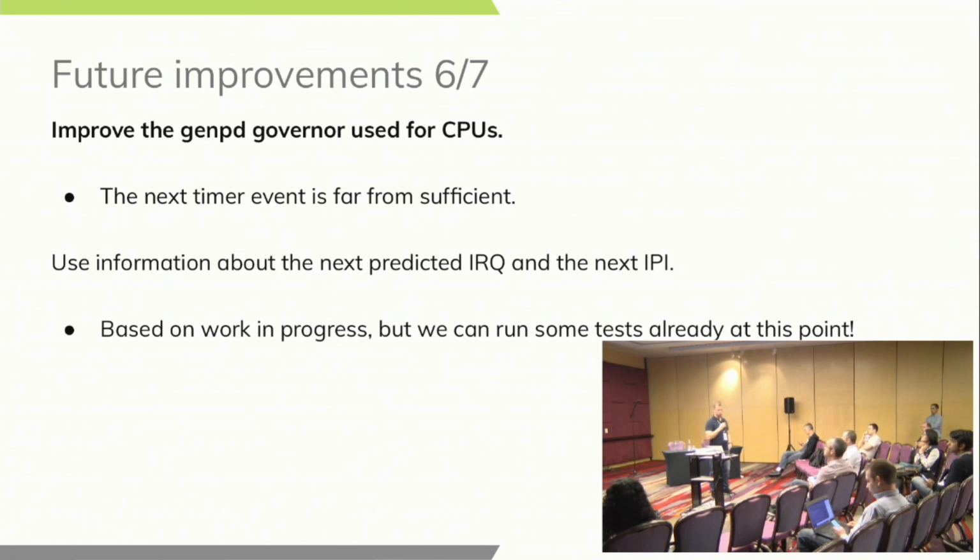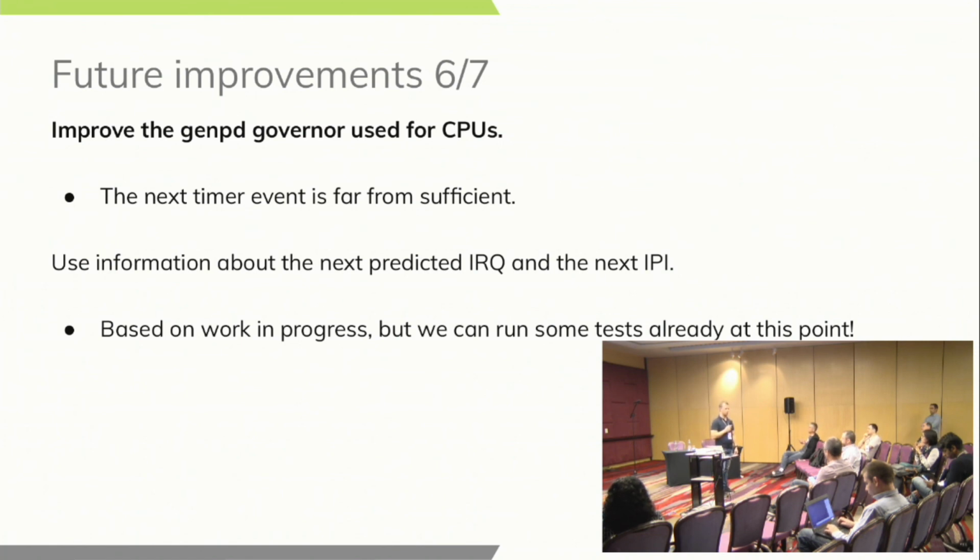Okay, so the current governor that we have invented for dealing with shared idle states in the genpd is today only picking up when the next timer event is going to expire. And I've been following the work that Daniel has been doing on next event prediction for IRQs.